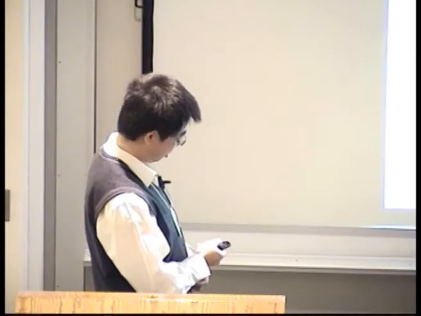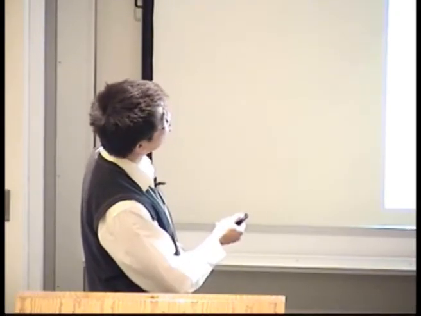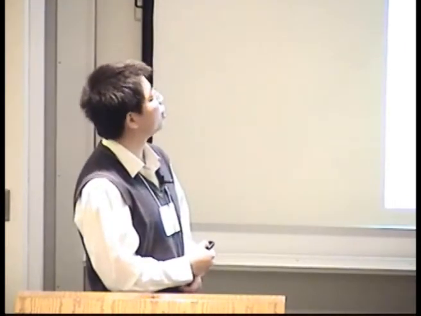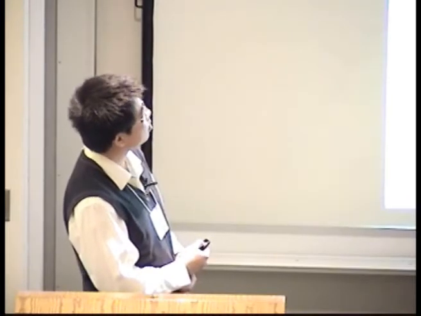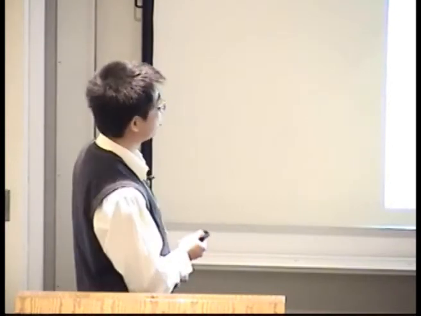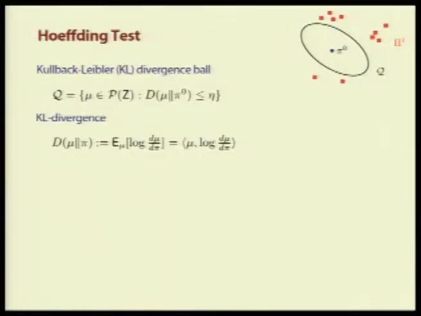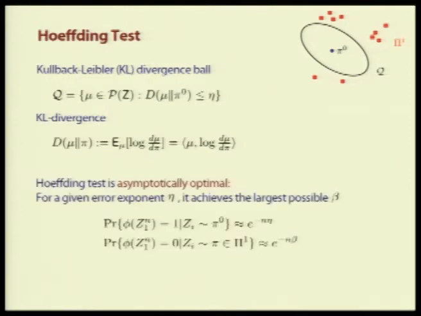If you take this ball to be a divergence neighborhood, then this gives you the Hoeffding test. It's defined using the KL divergence, which I guess most of us are familiar with: the expectation of the log likelihood ratio between mu and pi. I will use this notation to denote the expectation in the following slides.